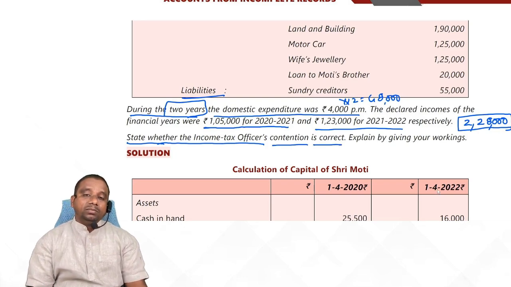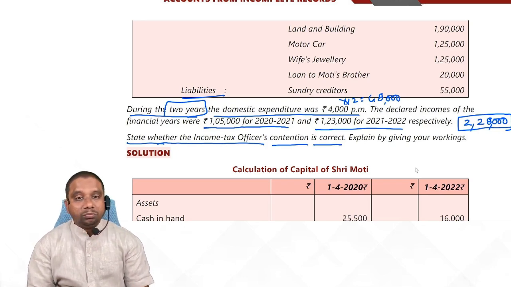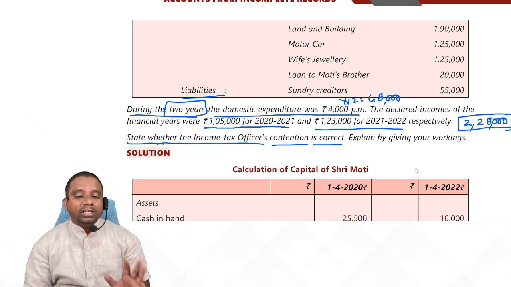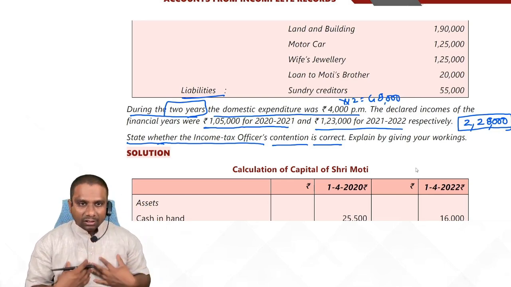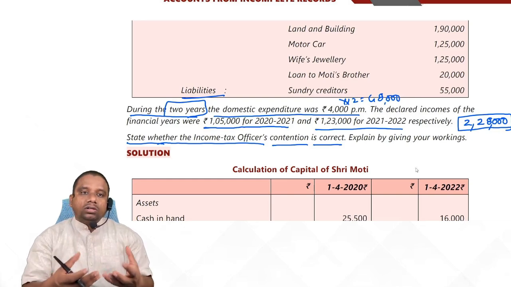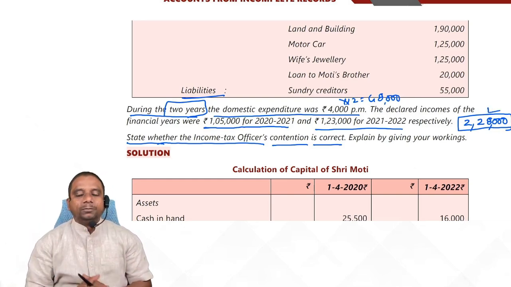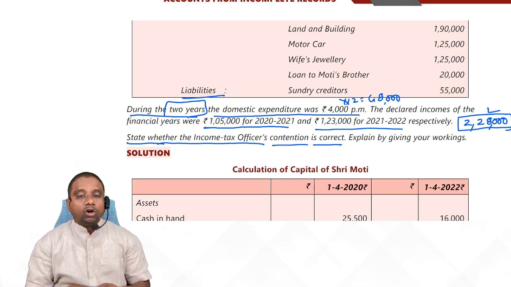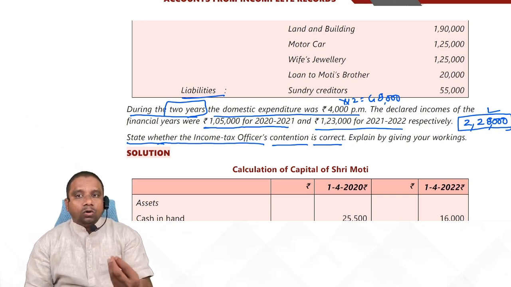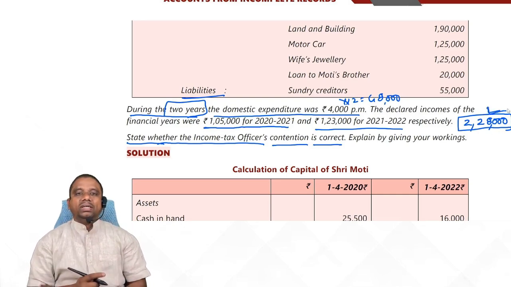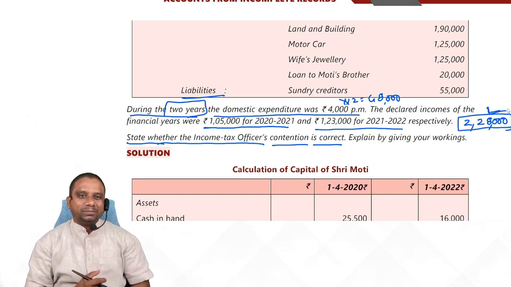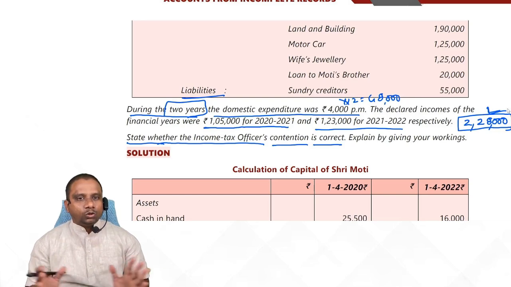It means the income tax officer's contention is correct if the profit calculated by us is more than the disclosed profit. I repeat, if the profit calculated by us by following the statement of affairs method is more than 2,28,000, then the income tax officer's contention is correct. Yes or no, students? Yes.